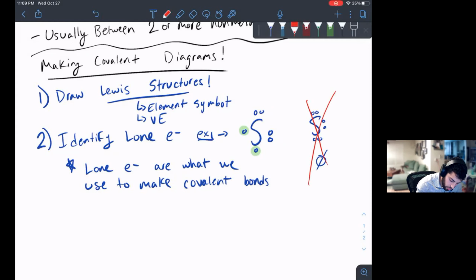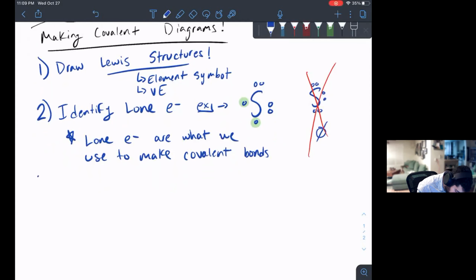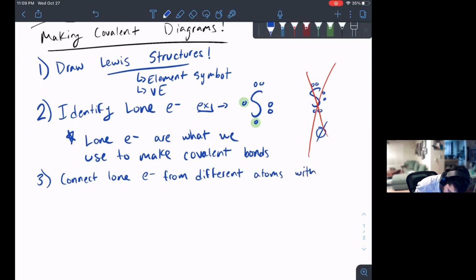Moving over to step 3. It's a little fun game of connect the dots. Step 3 is going to be connect lone electrons from different atoms with lines. Seems like a really dumb, simple step, but I'll show you exactly why we're doing it.